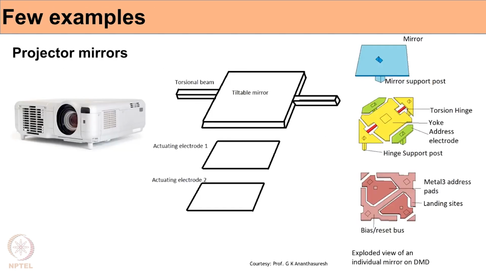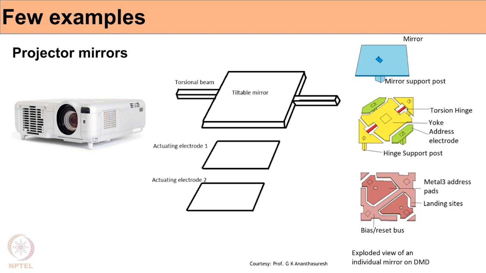To give you some examples of MEMS devices, the first example is the projector mirror. These are tiltable mirrors whose tilting angle you can control using electrical signals or pulses.